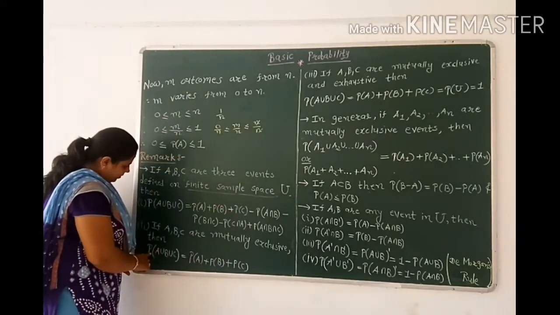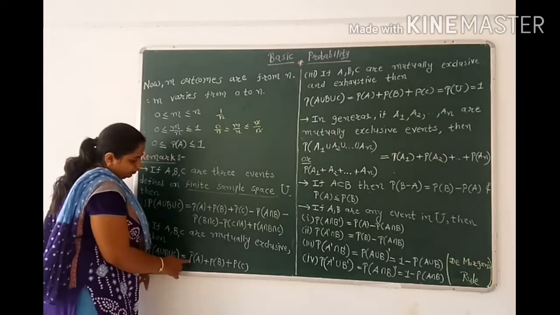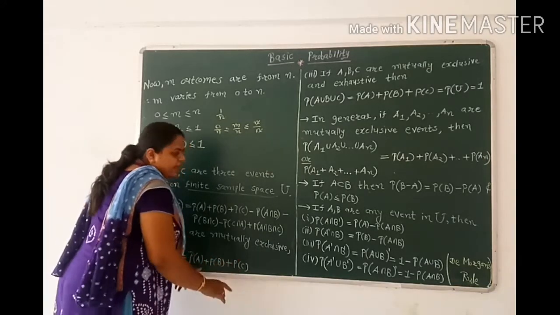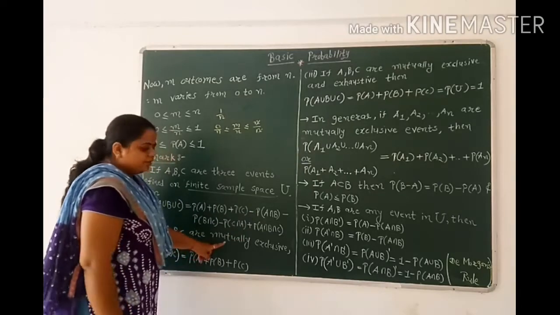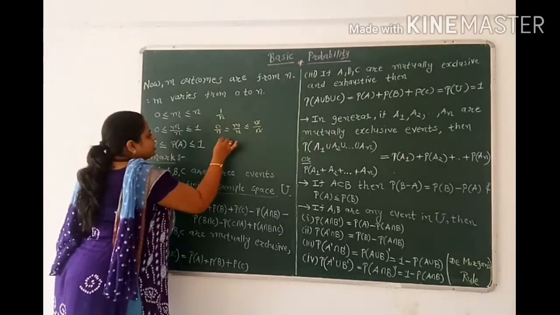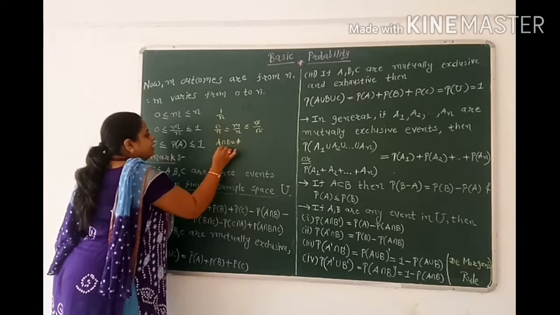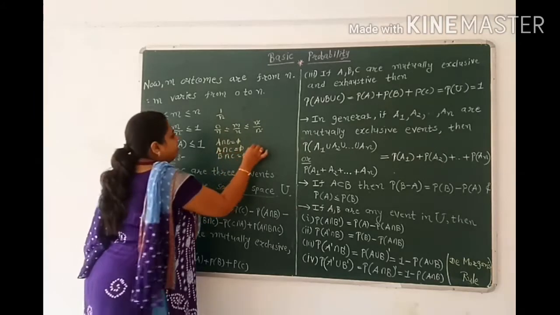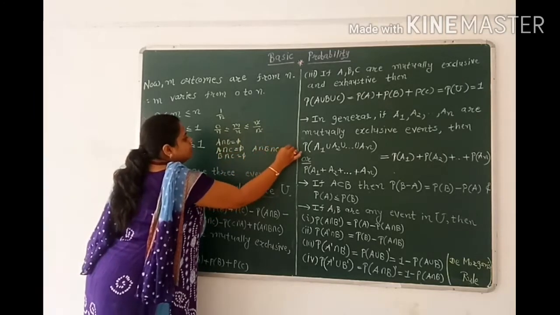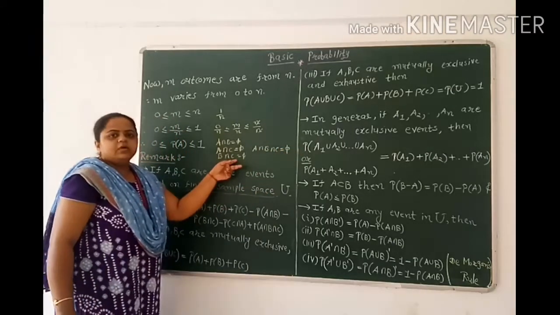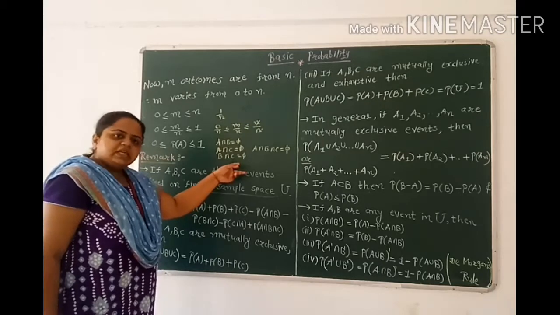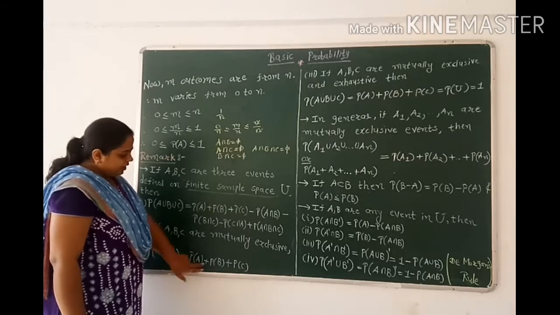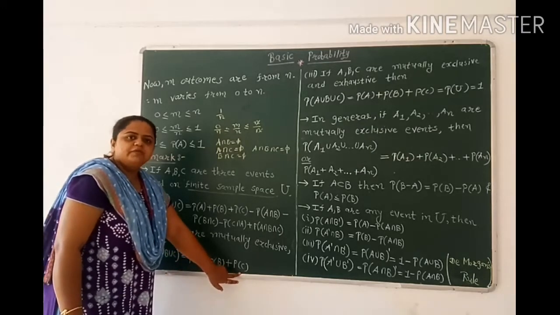So here we get probability of A union B union C equals probability of A plus probability of B plus probability of C, because as A, B and C are mutually exclusive events, A intersection B equals phi, A intersection C equals phi, B intersection C equals phi, and A intersection B intersection C equals phi. And as we know, probability of phi equals 0. So we get probability of A union B union C equals probability of A plus probability of B plus probability of C.